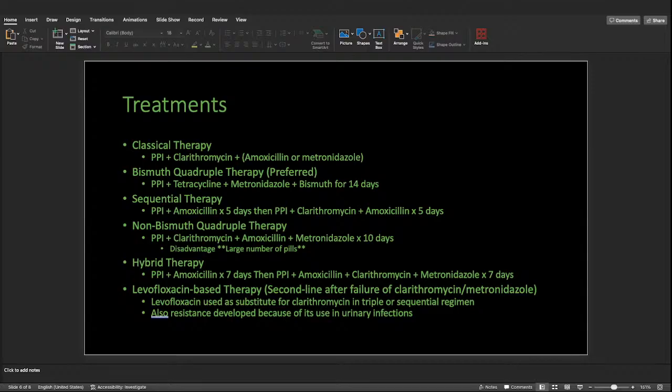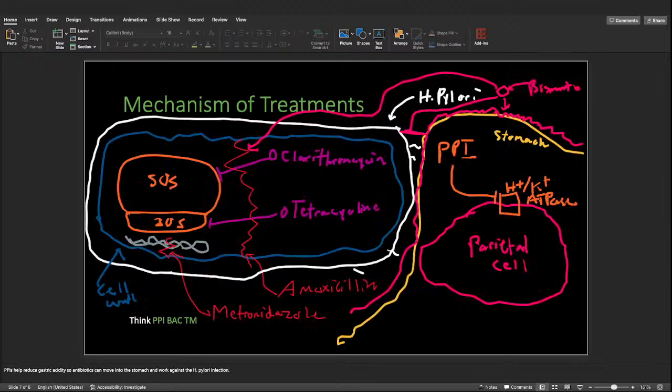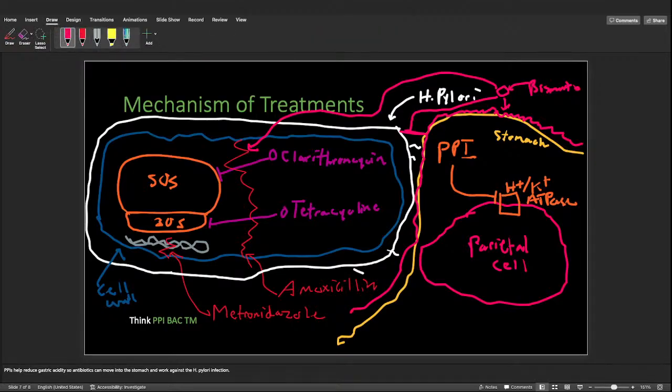But when you look at this next one here, this will probably give you an idea of what type of antibiotics are used to help treat H. pylori infections. You can see here in the diagram, right in the orange inside the bacteria itself, let me point it out here real quick.